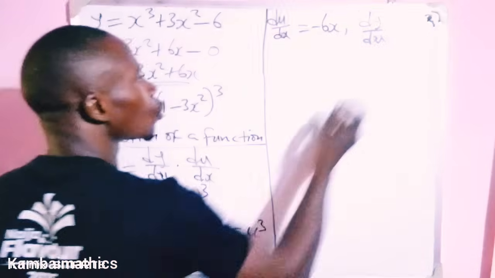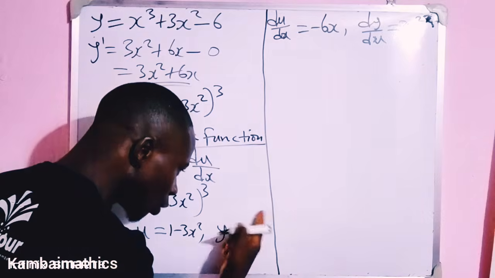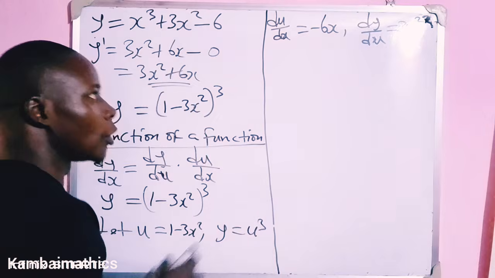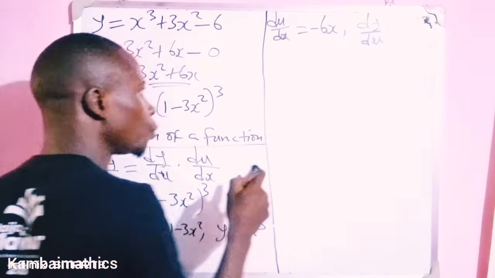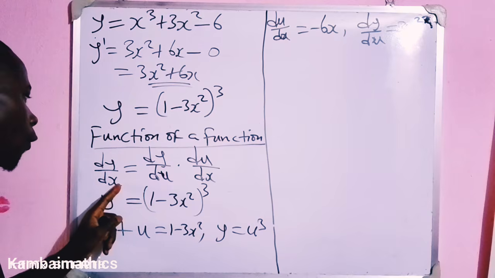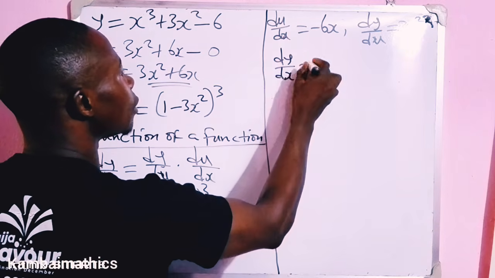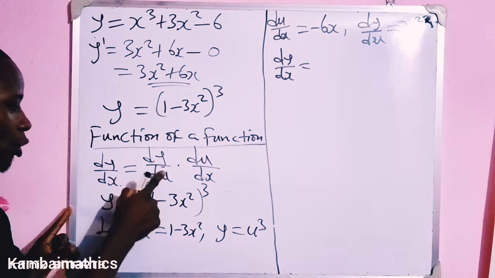So this will give us 3u raised to the power of 2. Why? You bring this one down, you reduce this one by 1. So having gotten this, we can now substitute in the formula to find the derivative. So dy all over dx is equal to our dy du, which is this one.